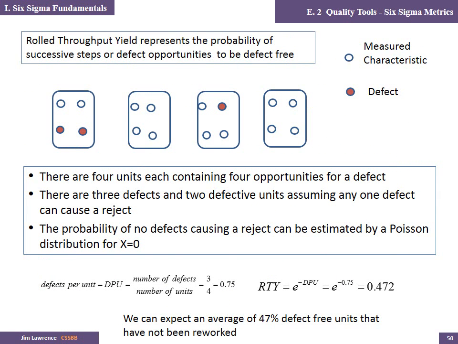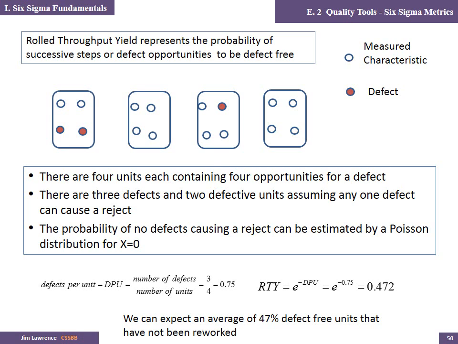Now, roll throughput yield represents the probability of successive steps or defect opportunities to be defect-free. Here, for example, we have 4 units, each containing 4 opportunities for a defect. There are 3 defects and 2 defective units, assuming any one defect can cause a reject. The probability of no defects causing a reject can be estimated by a discrete probability function called the Poisson distribution for x equals 0.